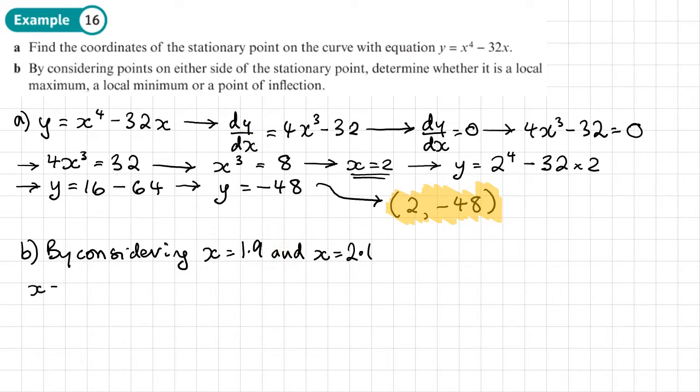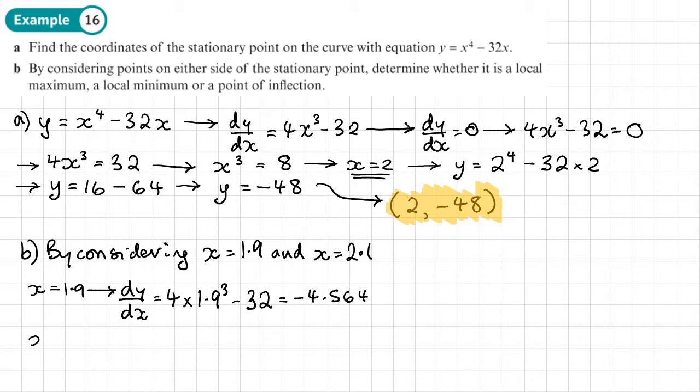So when x is 1.9, dy/dx is going to be equal to 4 times 1.9 cubed minus 32, and that gives me a value of negative 4.564.